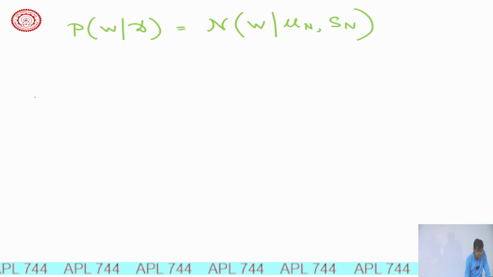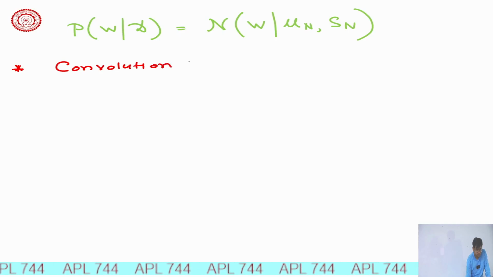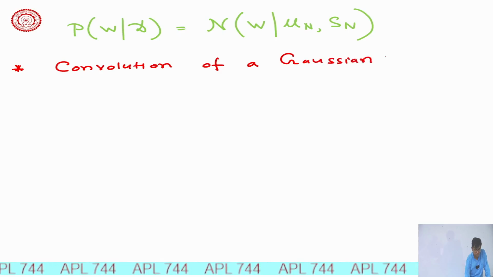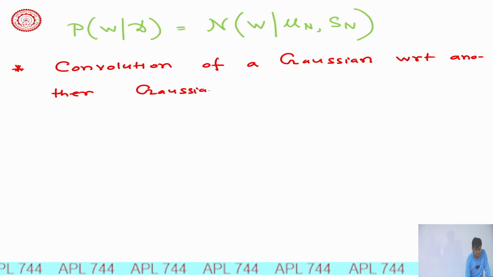So, the statement is that convolution of a Gaussian with respect to another Gaussian yields a Gaussian.